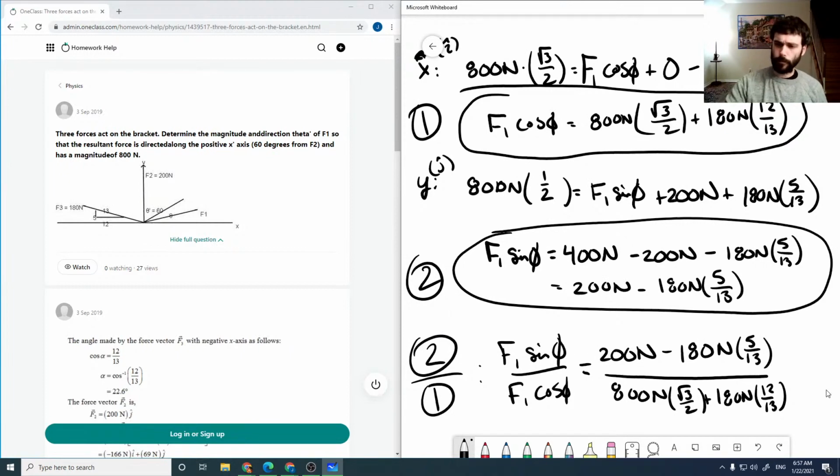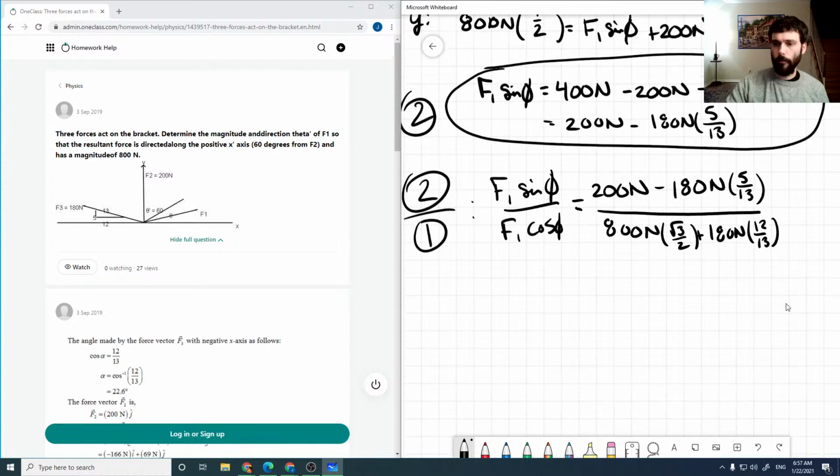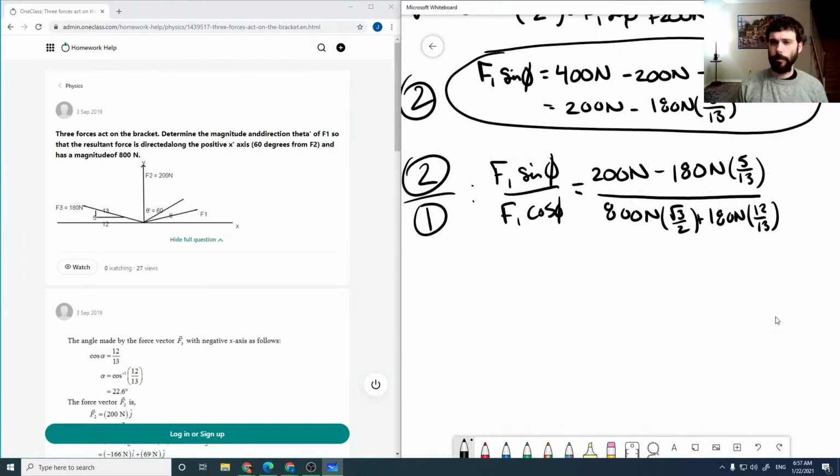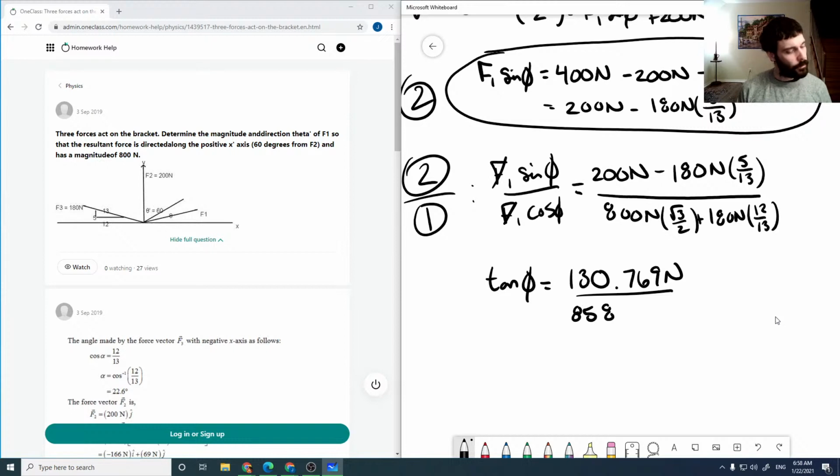Okay, now I actually need to do some of this, but first let's cancel out these F1s. Sine phi over cos phi is tan phi. And now if I work this out on my calculator, the numerator gives me 130.769 newtons, and the denominator becomes 858.974, which gives me a phi of 8.656 degrees.